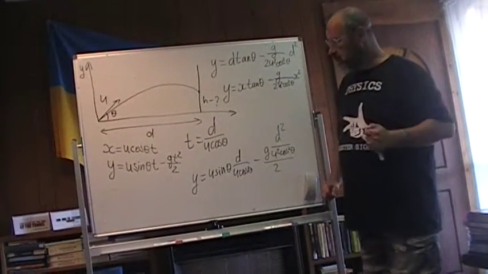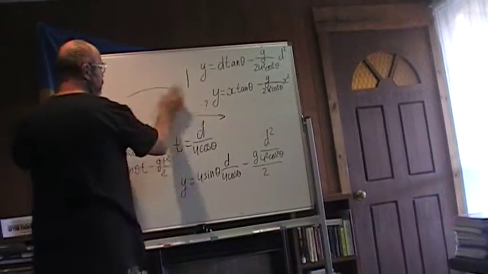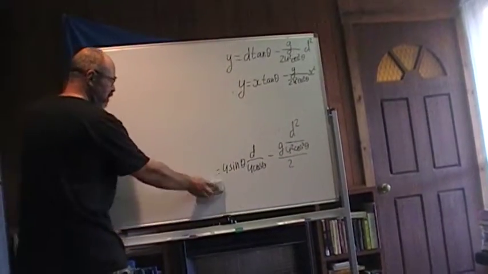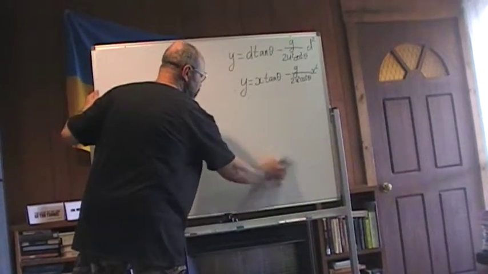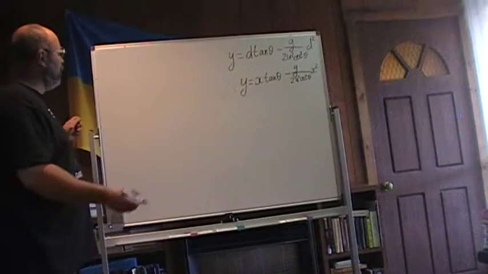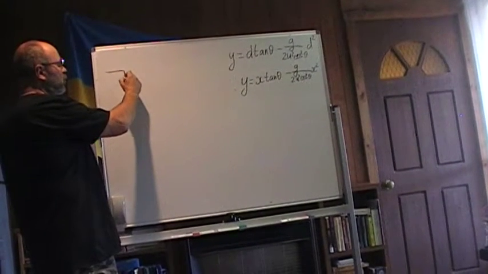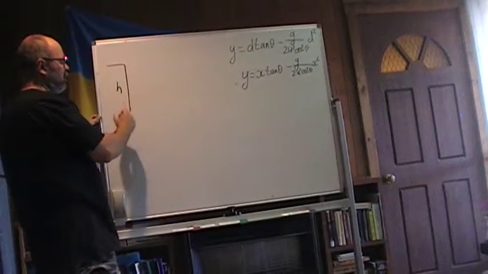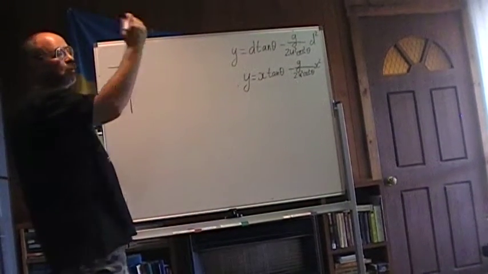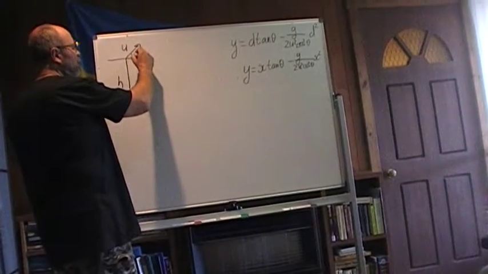Now let's consider another example. You're at the top of a hill with a high edge, and you throw some stone, ball, whatever, at initial velocity u at the angle theta to the horizontal.